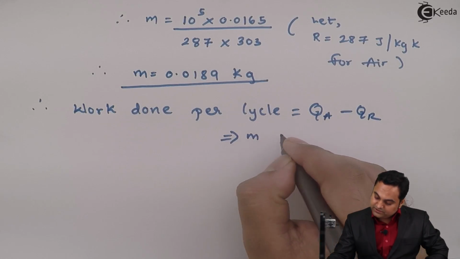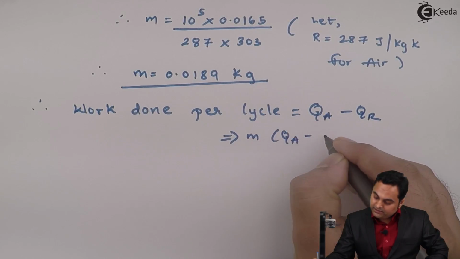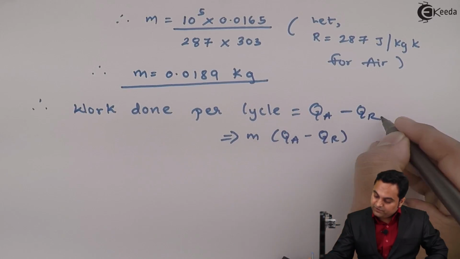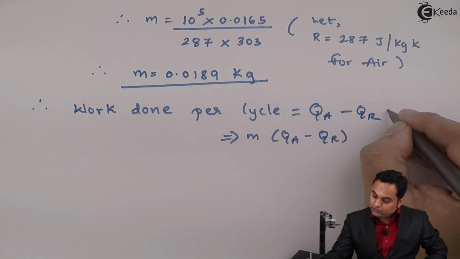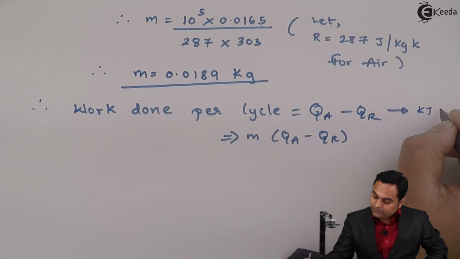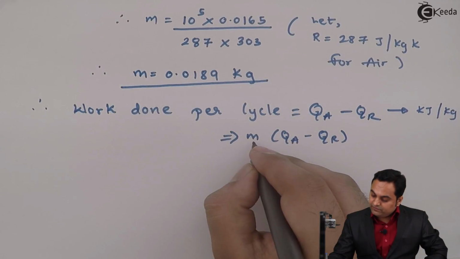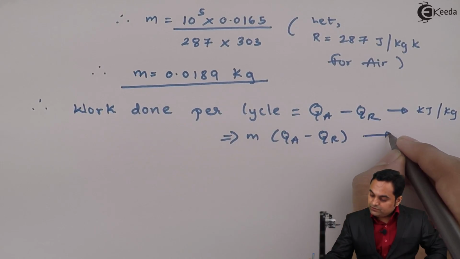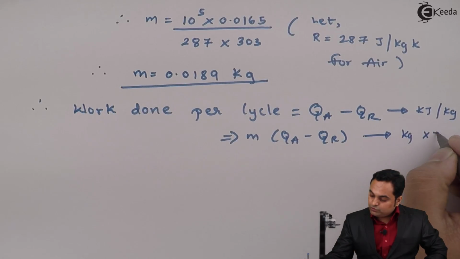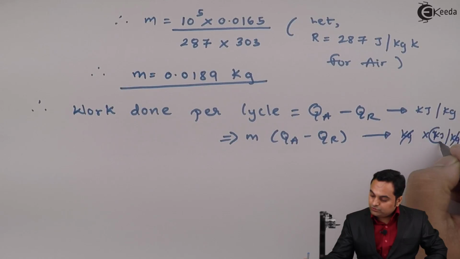So it is mass into QA minus QR, because previously this would have given us the unit as kilojoule per kg, but since here we are multiplying it with kg, kg into kilojoule per kg will become kilojoule.